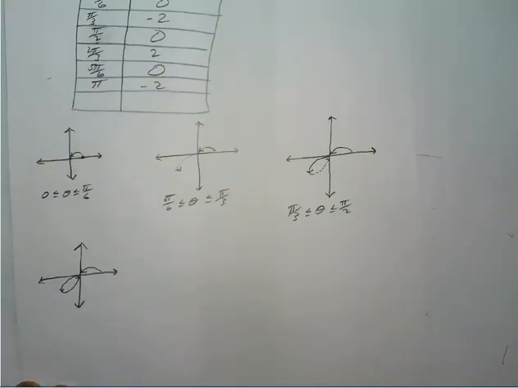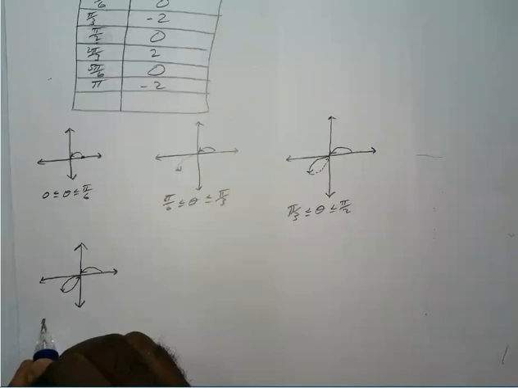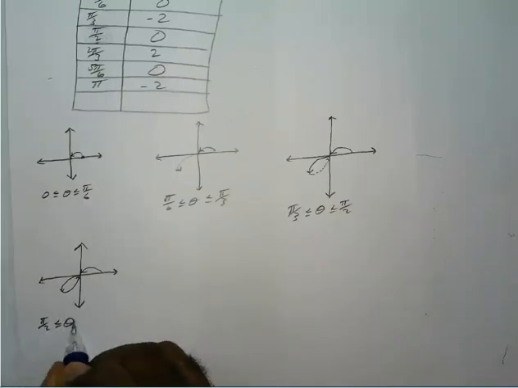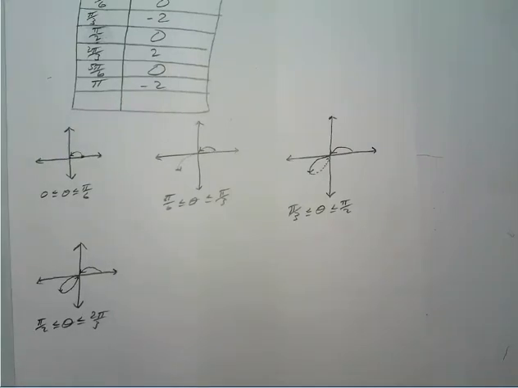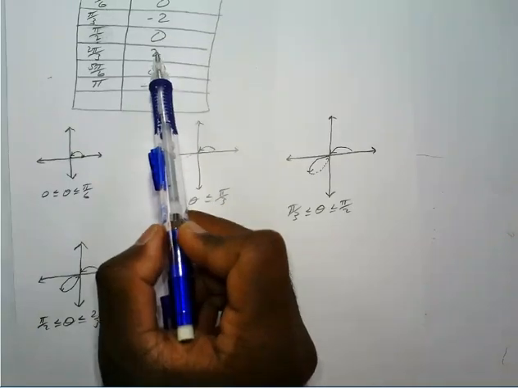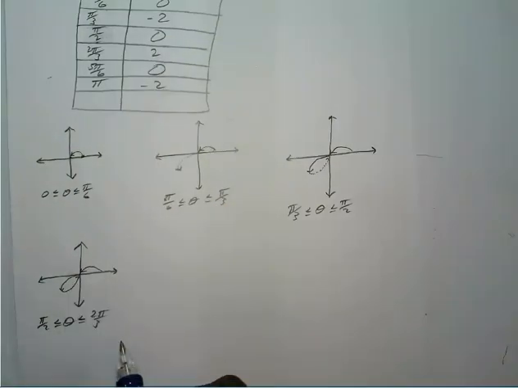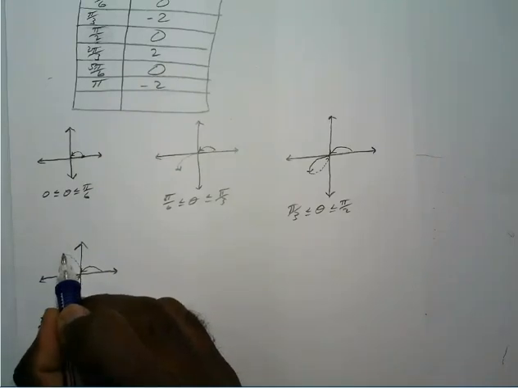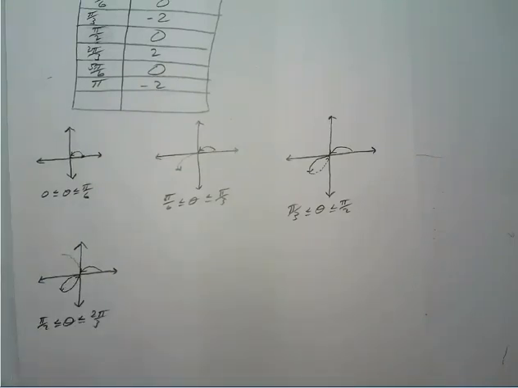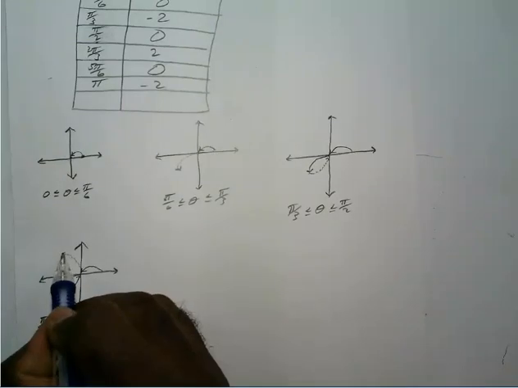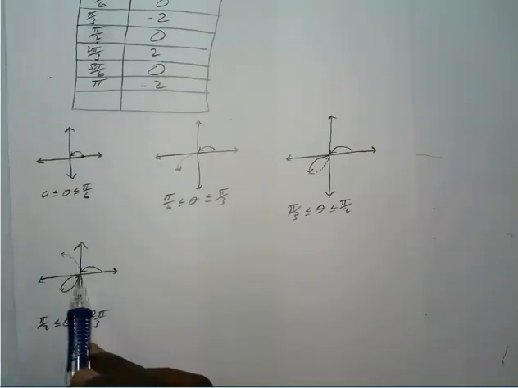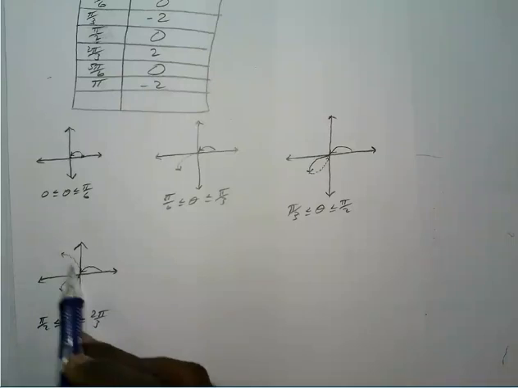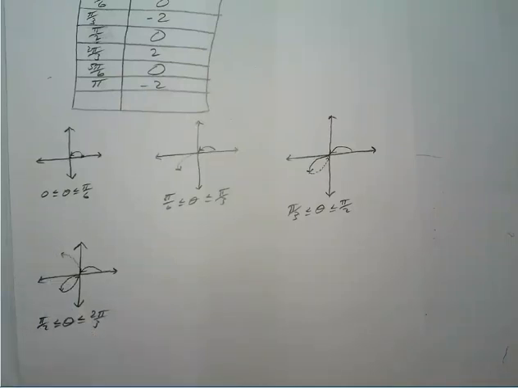Okay, so from pi over 2 to 2 pi over 3, we see we go from a radius of 0 to a radius of 2. Okay, so that graph now goes from here to here. Because remember, this is our 2 pi over 3. Our theta is 2 pi over 3 here, and we have a radius of 2.